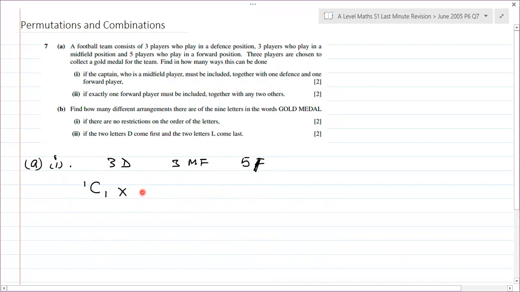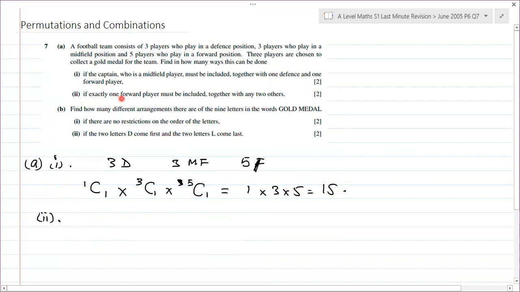We don't have a choice, and that player, a midfielder, must be included together with 1 defense player, so 3C1, and 1 forward player, so 5C1. So 1C1, 3C1, 5C1. That's just going to give us 1 times 3 times 5. That's 15. 15 is the answer for part 1.